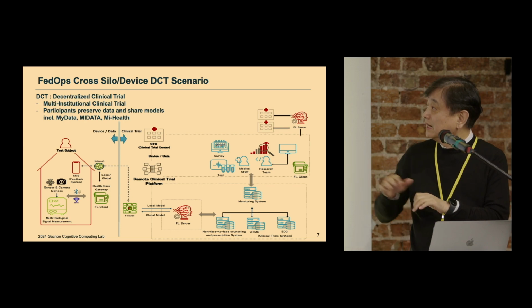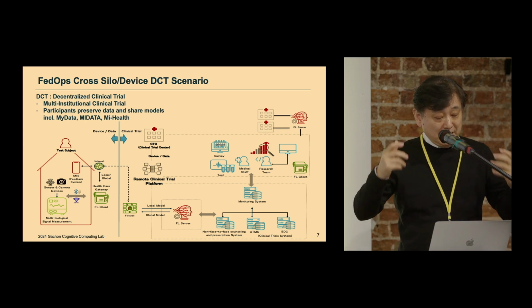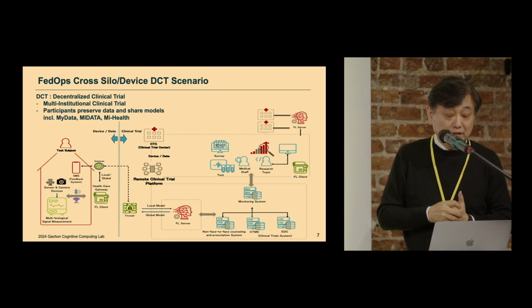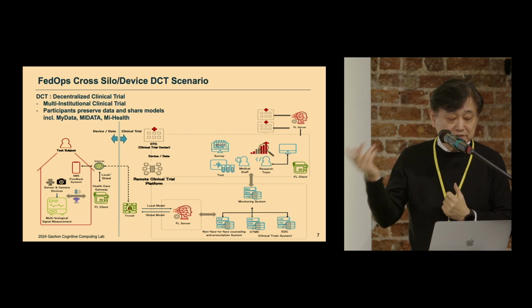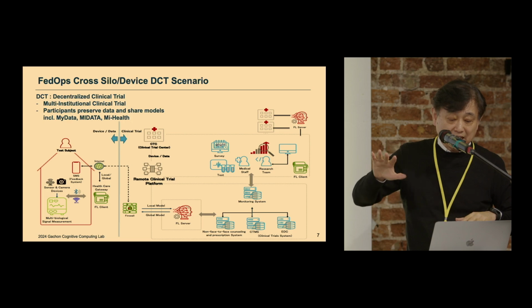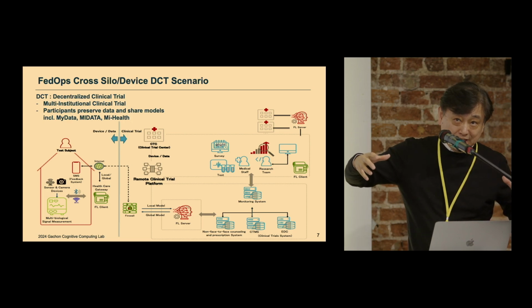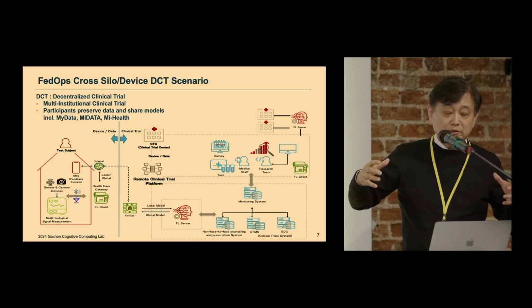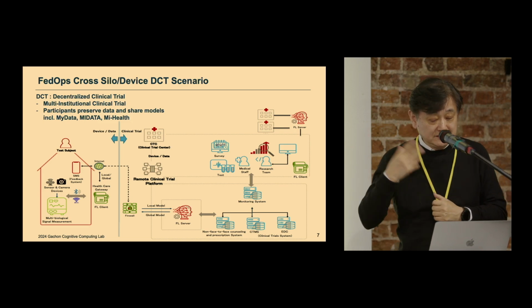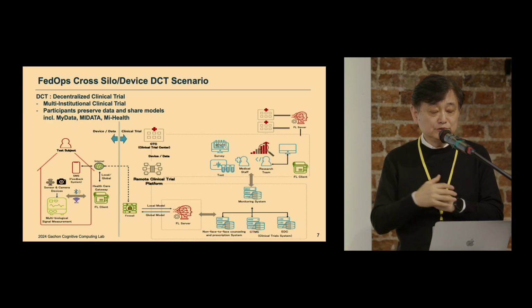But the data needs to be collected at home or in their own places and aggregated, and we can provide that. The solution is the DCT. There are two ways. One is cross-silo, where many hospitals come together for a specific disease, and then they can use cross-silo.